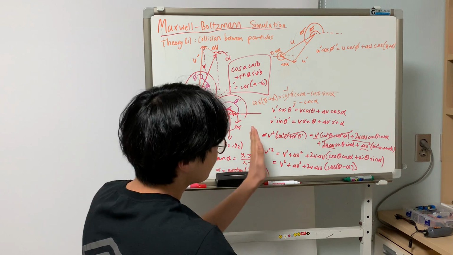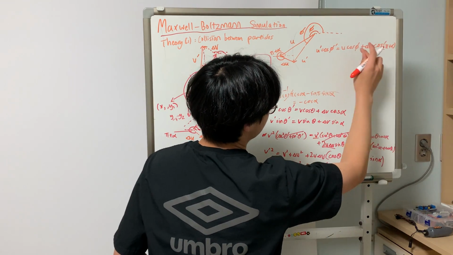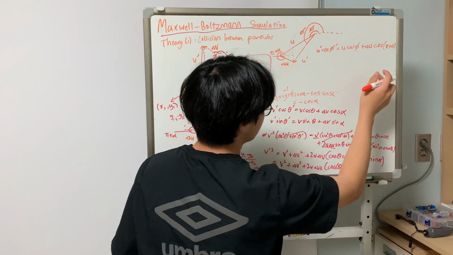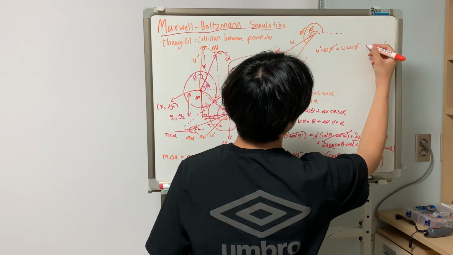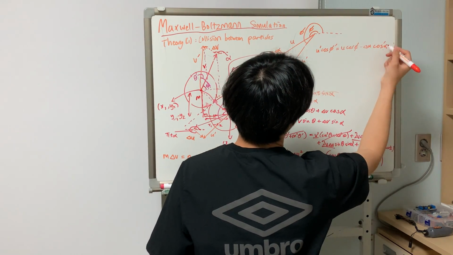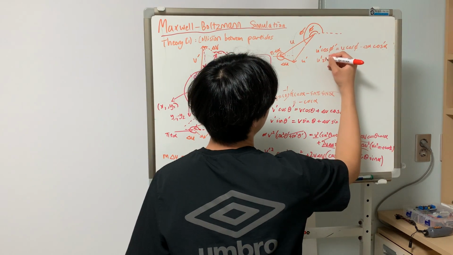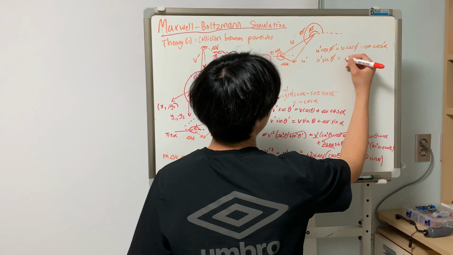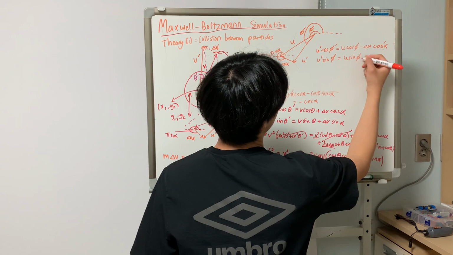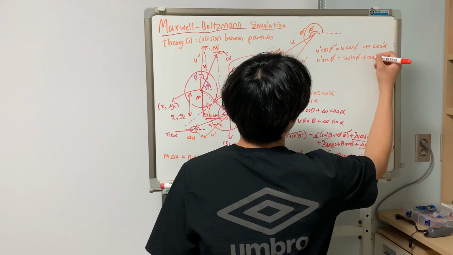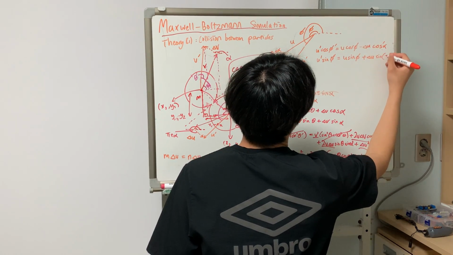Keeping that in mind, it's going to be equal to minus delta u cosine alpha. Again, looking at the vertical direction, we have u prime sine phi prime is equal to u sine phi plus delta u of sine of pi plus alpha.